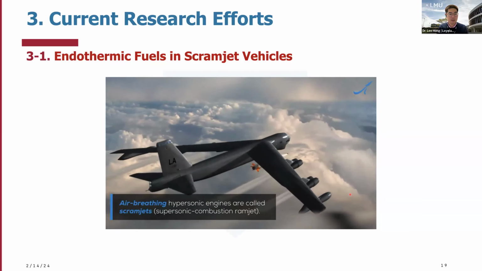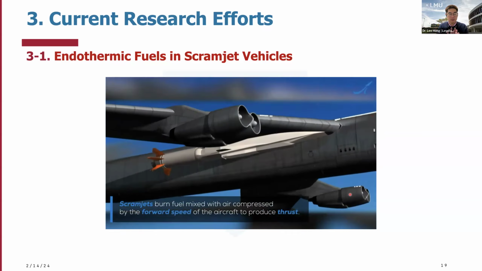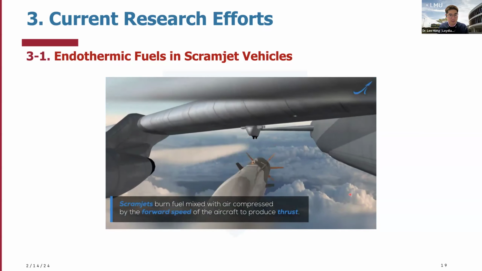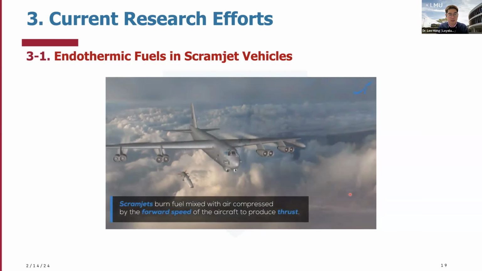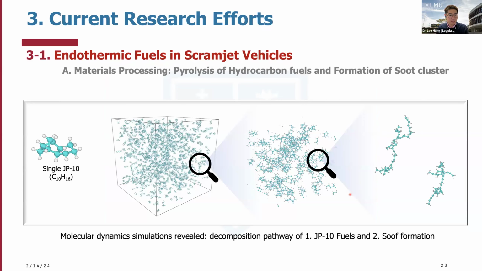We are using hydrocarbon fuel under this extremely high velocity, high temperature, and high pressure, so we can simulate the hydrocarbon behavior. This is all hydrocarbon, called JP10, which is very popular in the aircraft industry. They use it as a hydrocarbon aircraft fuel.